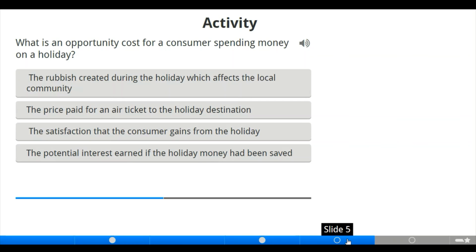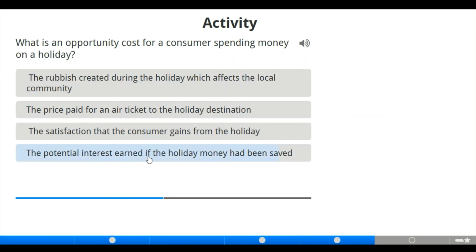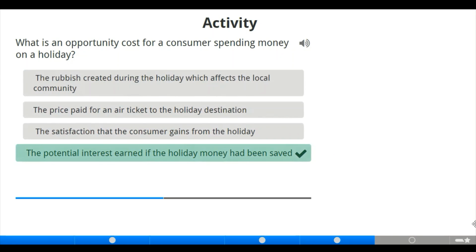No, that's not the answer. The satisfaction that the consumer gained from the holiday? It should not be the satisfaction. Now, the potential interest earned if the holiday money had been saved. That is the opportunity cost of spending on that holiday. Now let's check. Wow, we got it right.